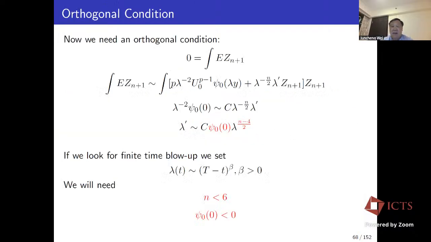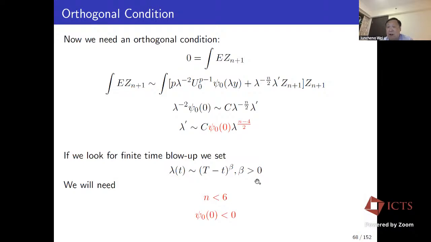So now, we also need this one to be L2. So if we want Zn plus 1 to be L2, n less than or equal to 6, the only case is n equals 5, right? So for this formal reason, n equals 5 satisfies both properties, there's L2 and this condition.